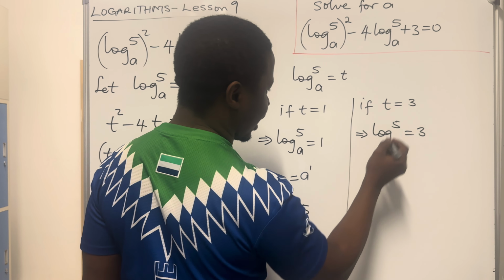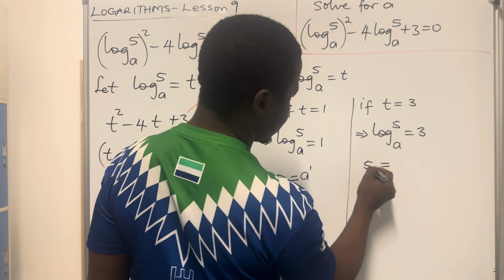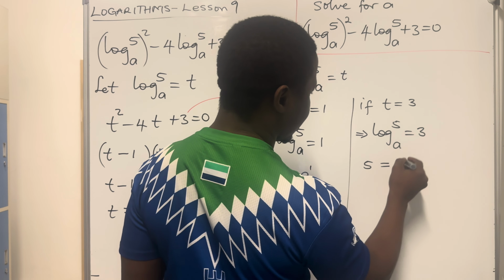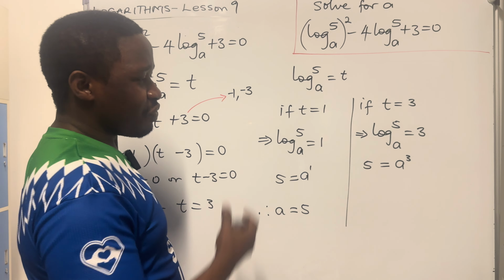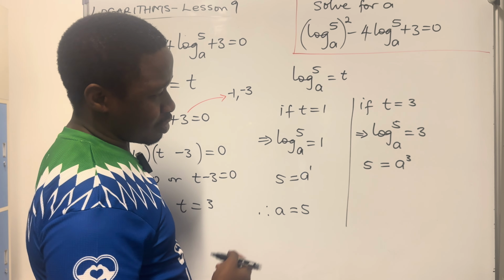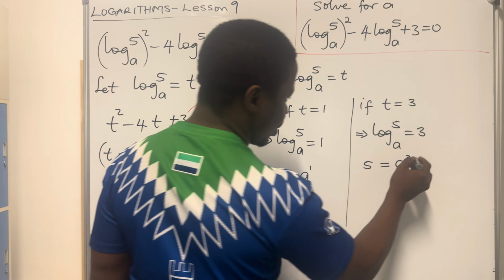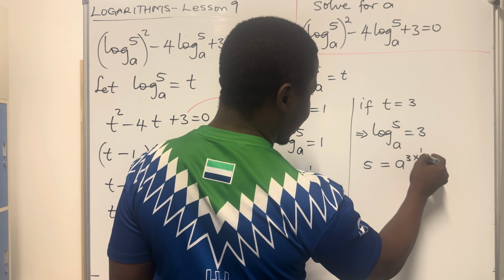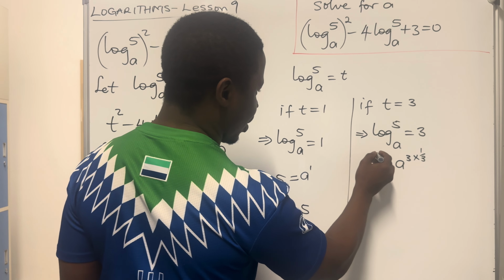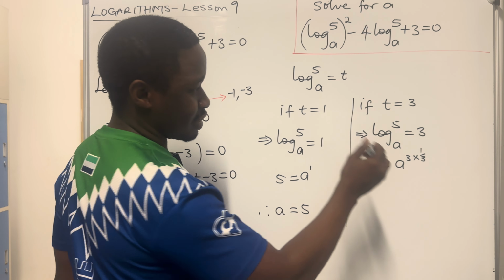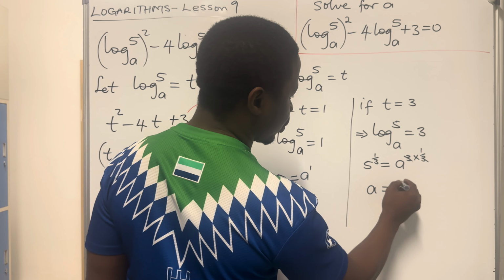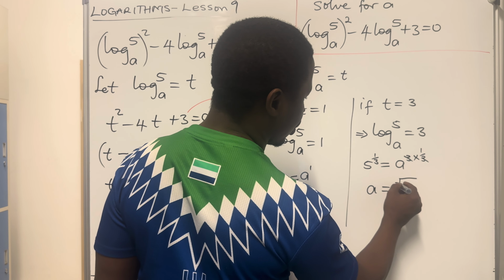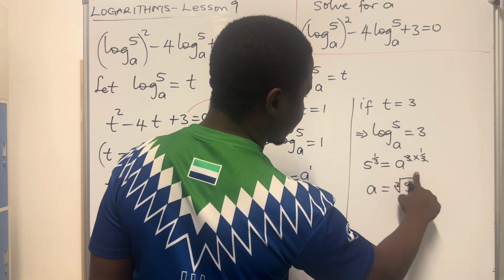So 5 is equal to a to the power of 3. If it is a to the power of 3, what do we do? We multiply this by 1/3 and multiply the power here again by 1/3. So a is equal to the cube root of 5.